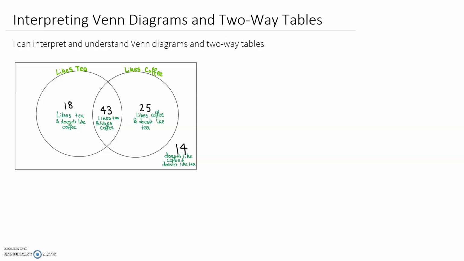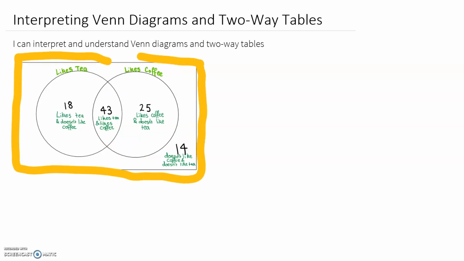So you'll see that this circle here is all the tea drinkers, and this circle here is all the coffee drinkers. You'll also notice that there's a box around the outside, and this might be the part that you haven't seen before, and there's this number written outside the circles.